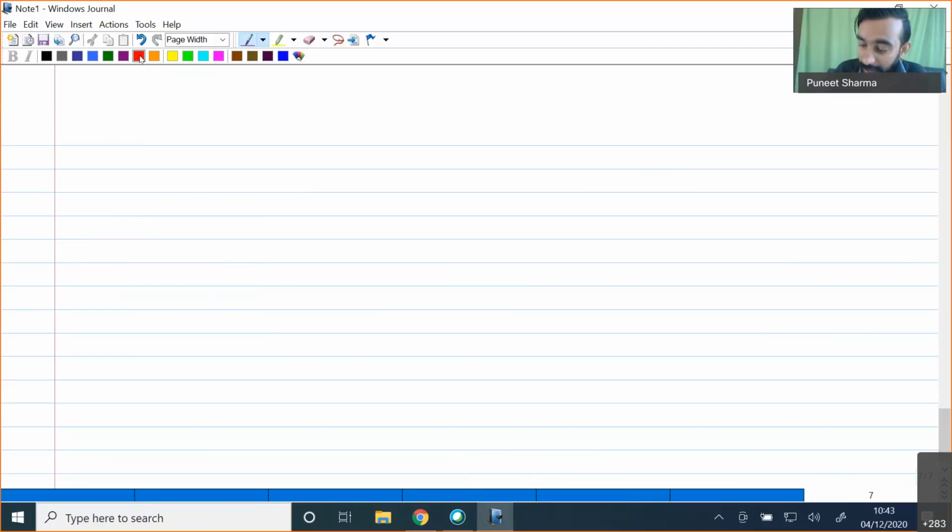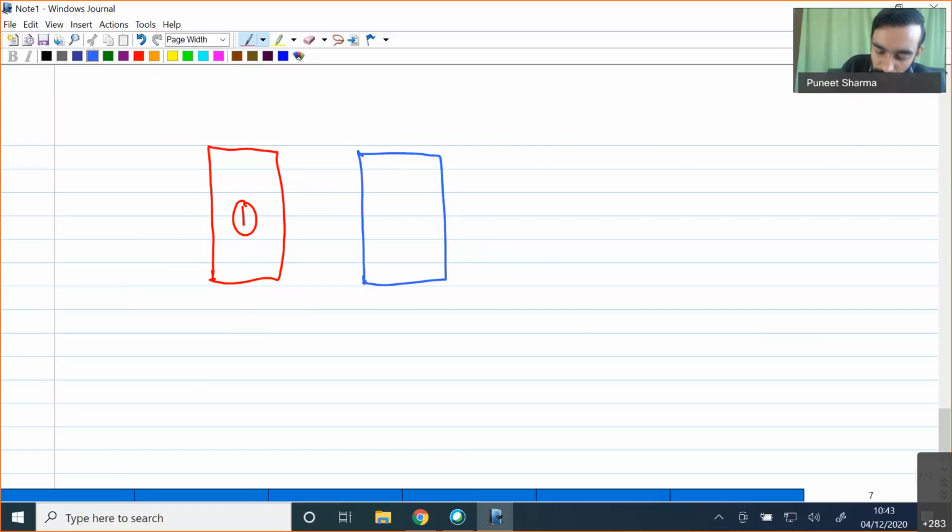So now for the second scenario, say initially I have once again the same copper block 1, and then I have another copper block 2. Now these were at different temperatures. So what will be happening?